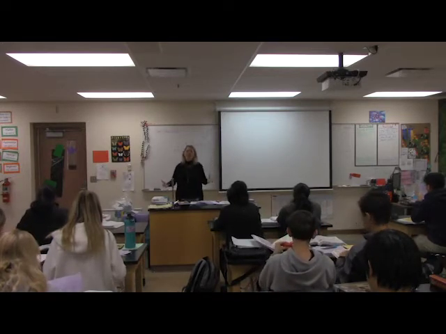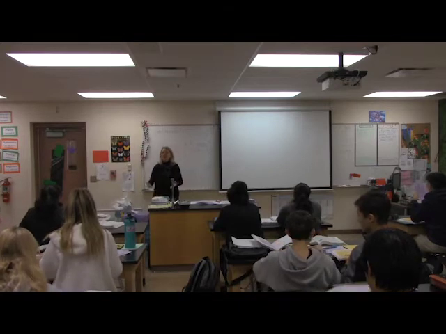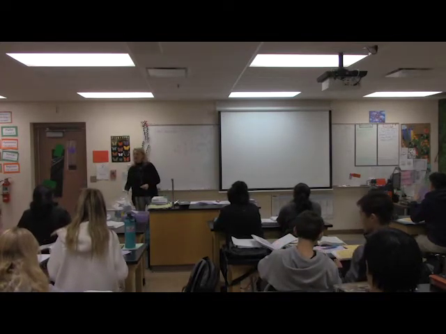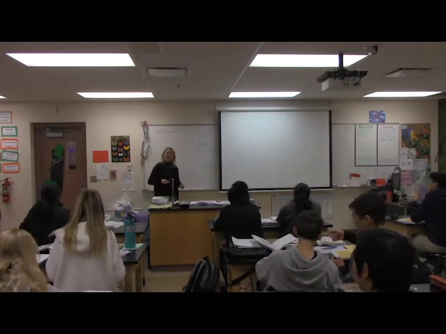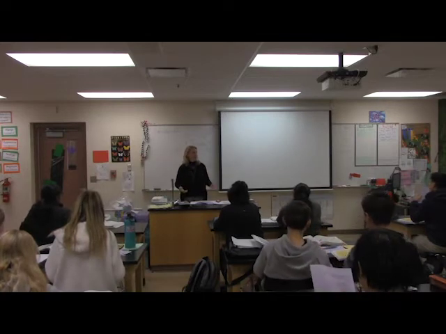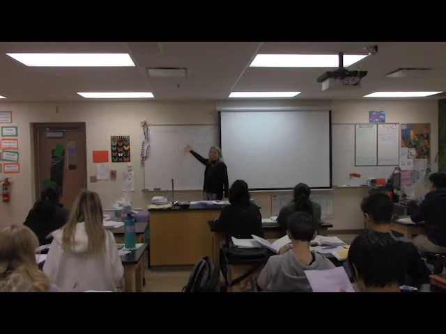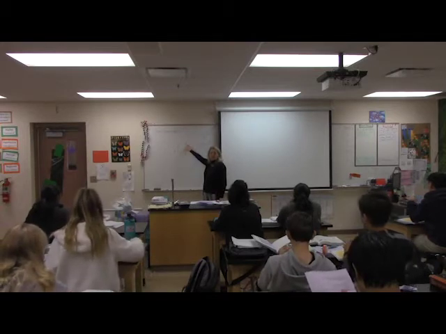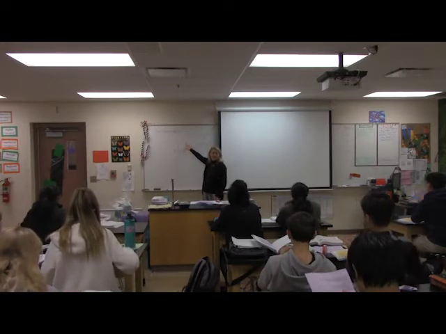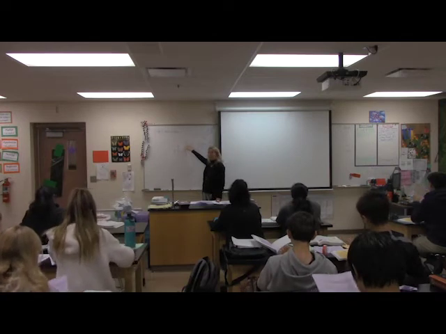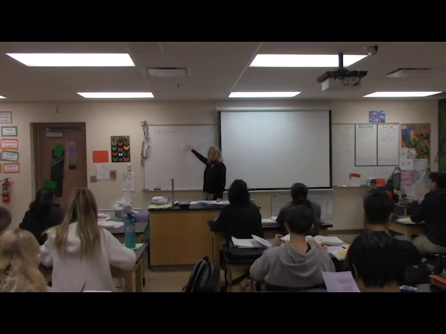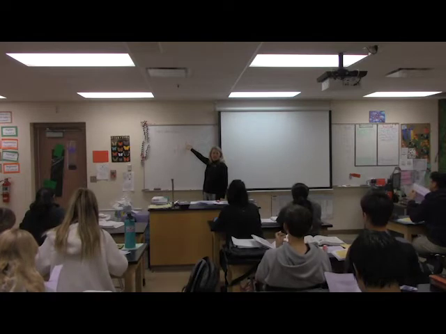So what happens to the chemical nature of an amino acid if you change the chemical nature of that variable group? What do you think will happen? What happens if we put a big giant hydrophobic group right here? It'll make it hydrophobic. What about if we have a big giant hydrophilic polar portion right here?